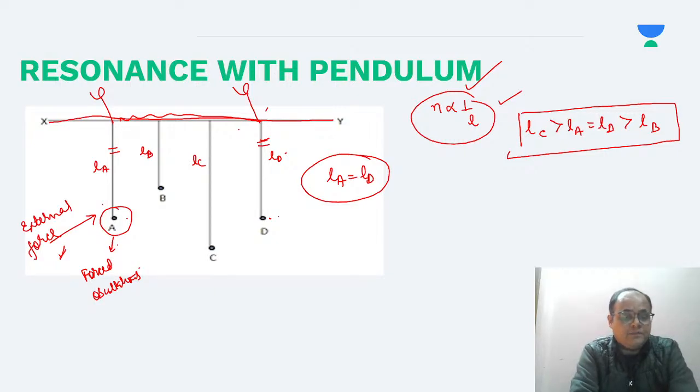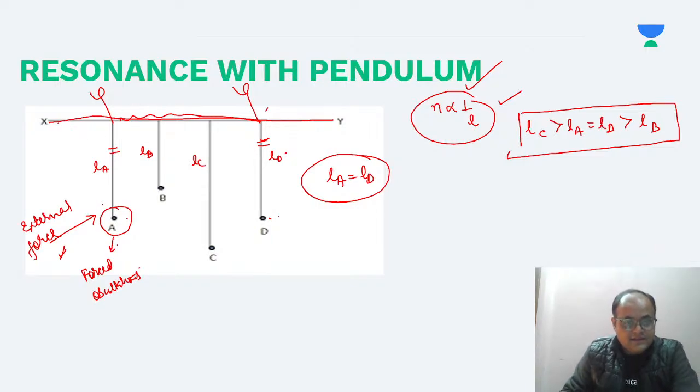And what will happen to pendulum B and C? I mean, will they vibrate? Obviously, they will vibrate. In the last session, a student asked a question, what will happen to this pendulum B and C? These pendulums will also vibrate, and first of all, why will they vibrate? They will vibrate because the same forced vibrations are imparted and transmitted across this length.